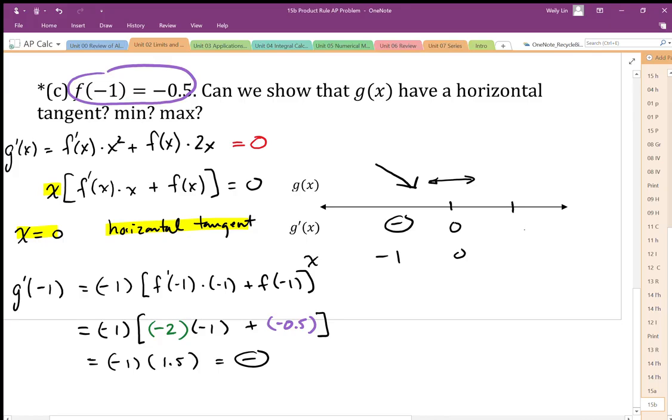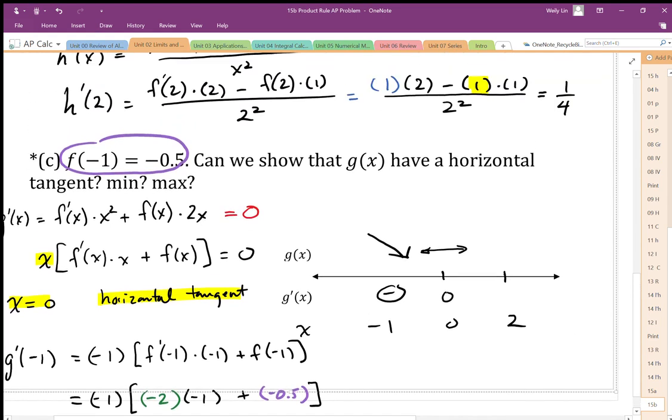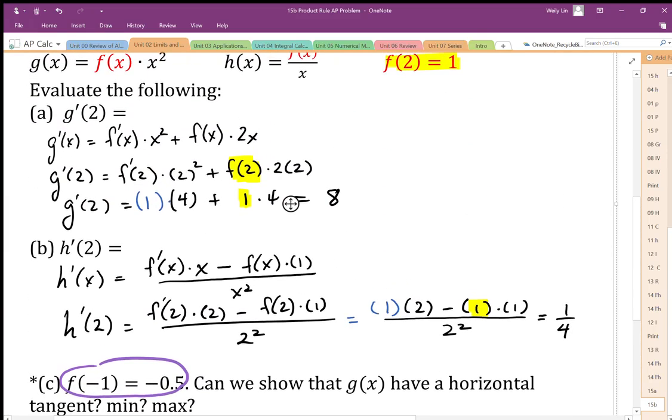If I then test what's happening at x equals 2, because I do have values of f of 2, I can determine whether it's going up or down. So I think I've calculated here the slope at x equals 2 of g is going to be equal to positive 8.